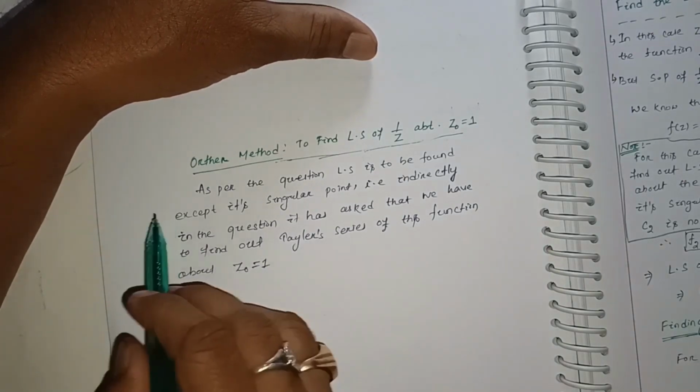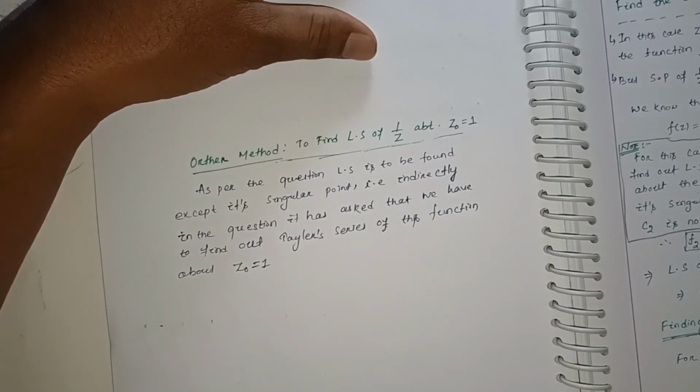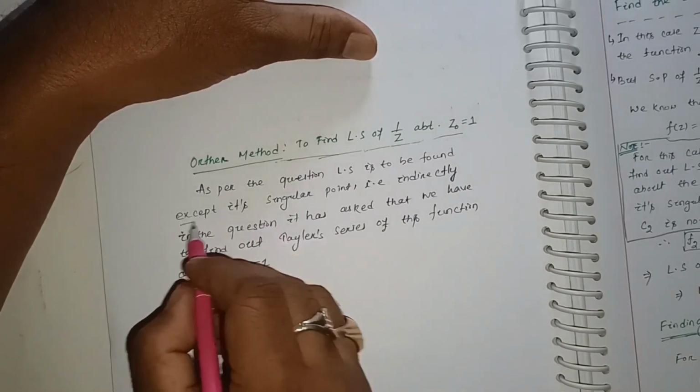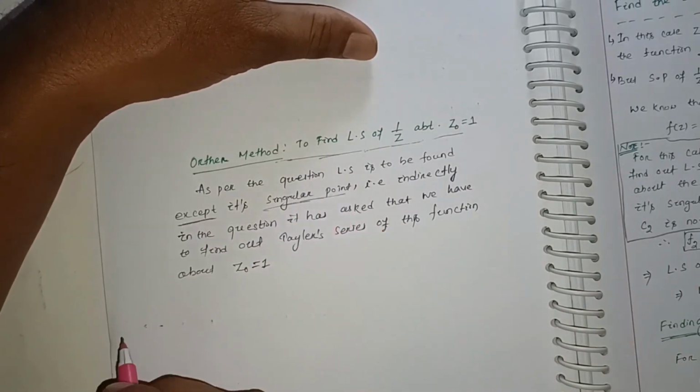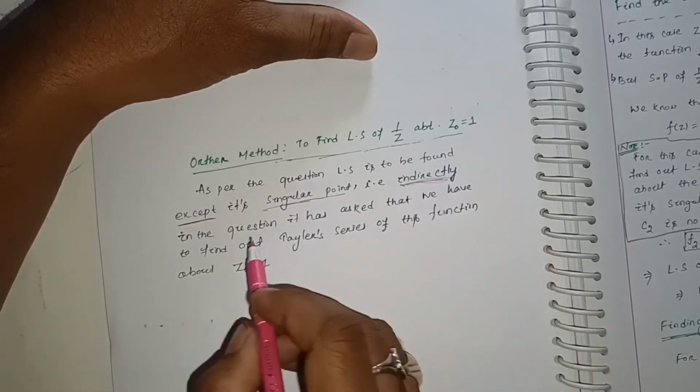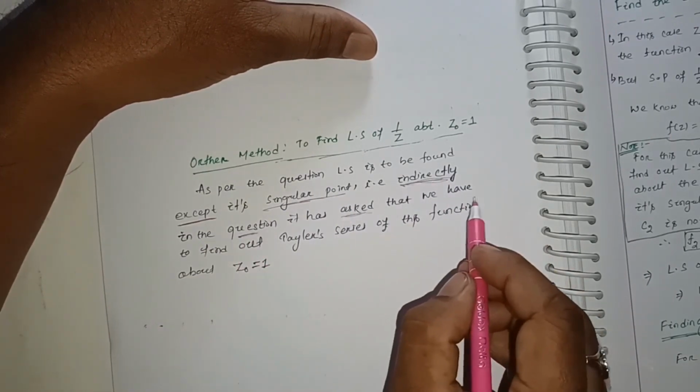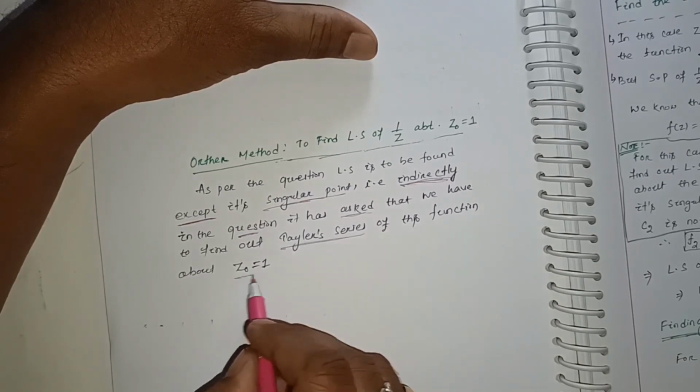So this is written for you to remember. Except at the singular point, we have to find out, and indirectly the question asks that we find the Taylor series about z0 equal to 1.